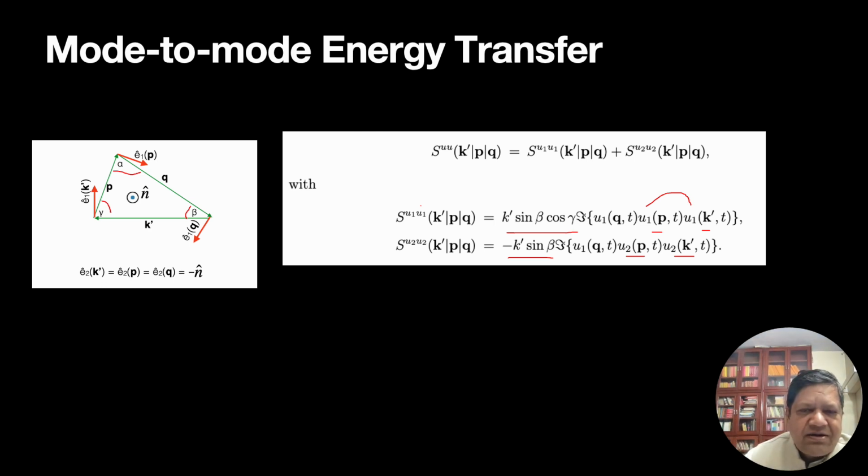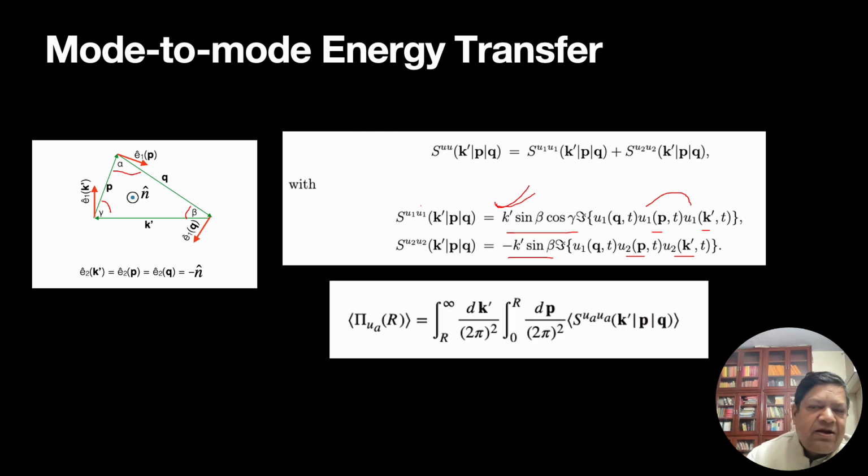Great. So let's try to estimate this using field theory. Once I can compute this using field theory, I can compute fluxes. Now, in this formalism, energy flux is the energy going out of the sphere of radius r.